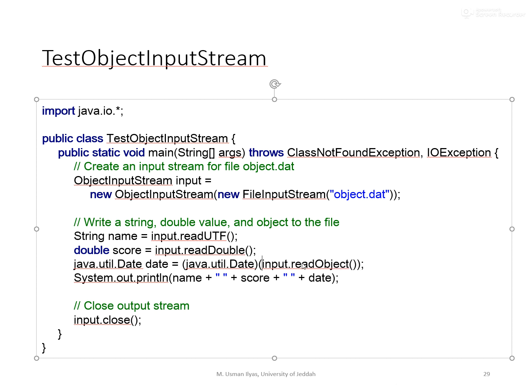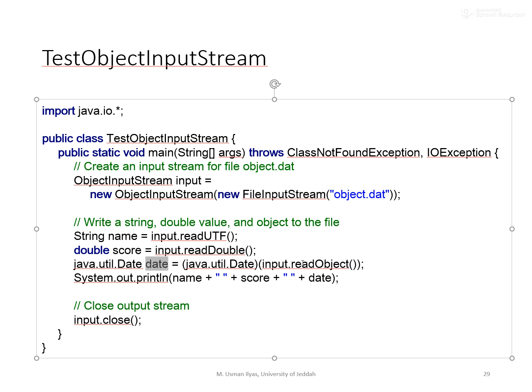Now, when you read the object, you also have to specify what class that object is of. So over here we're casting the object to the date class, because Java needs to know how many bytes to read from the file, and it knows that once you specify which class this object is an instance of.